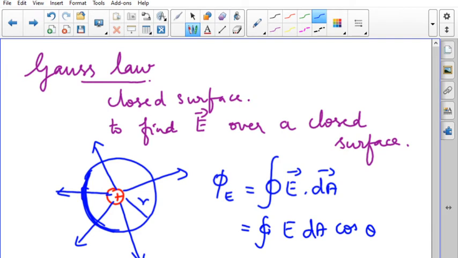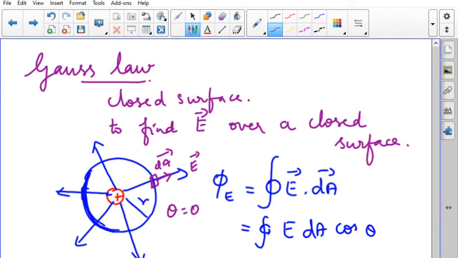If you take a closed surface here, the area vector is also acting along this direction, and the electric field is also acting along this direction. Therefore, theta will become 0.